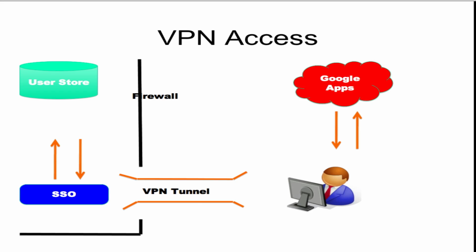Now, one of the things that you can run into here, which is not a recommended practice, is this: let's say the user is a business user traveling on business and the corporate headquarters is in New York, but the user is traveling in Hong Kong this week. So the user in Hong Kong is accessing Google Apps, and they're using their VPN tunnel. What will happen is their IP address to Google Apps will potentially be incorrect.